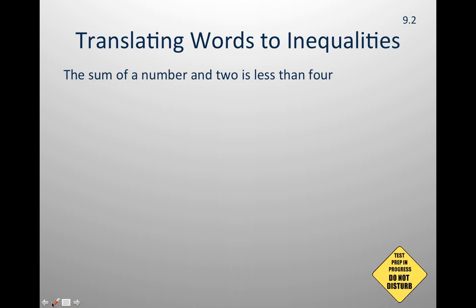Okay, inequalities. This word right here means, you can see that, less than. And then of course sum goes right here because of that and. That means plus. A number is x or n, and 2 here, and then 4 here, and then that's of course less than.